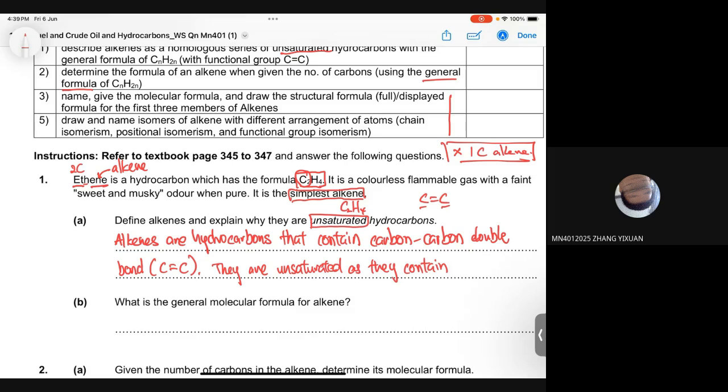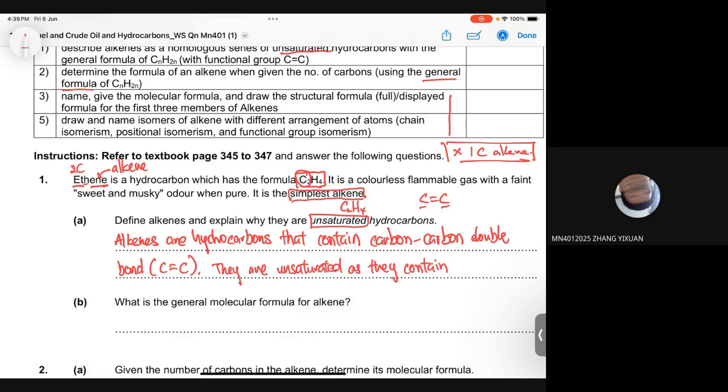Anyone want to make a guess? So when we look at alkane, saturated means it contains carbon-carbon single bonds only. Carbon-carbon single bond only.